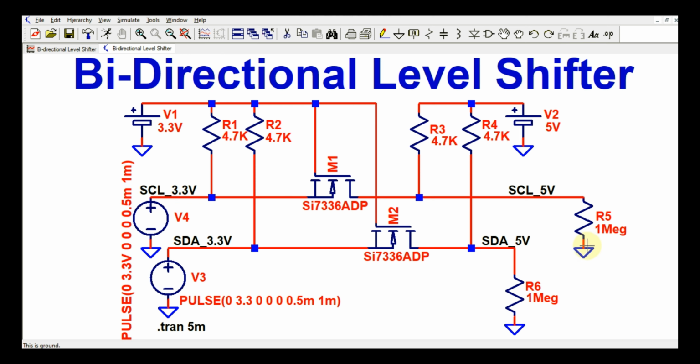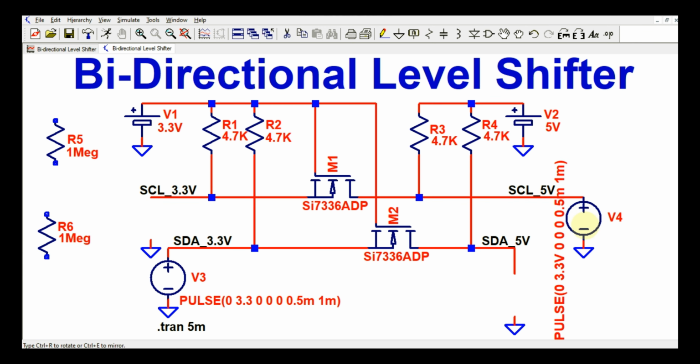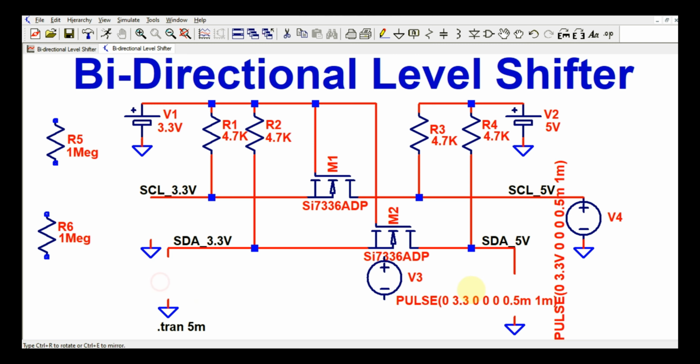So this is the single-directional level shifter I have shown you. That means the 3.3 volt logic level is being converted into 5 volt. Now I will demonstrate how the 5 volt logic level is being converted into 3.3 volt. Let me remove this resistance and keep it somewhere. Let me fetch the power supply here.